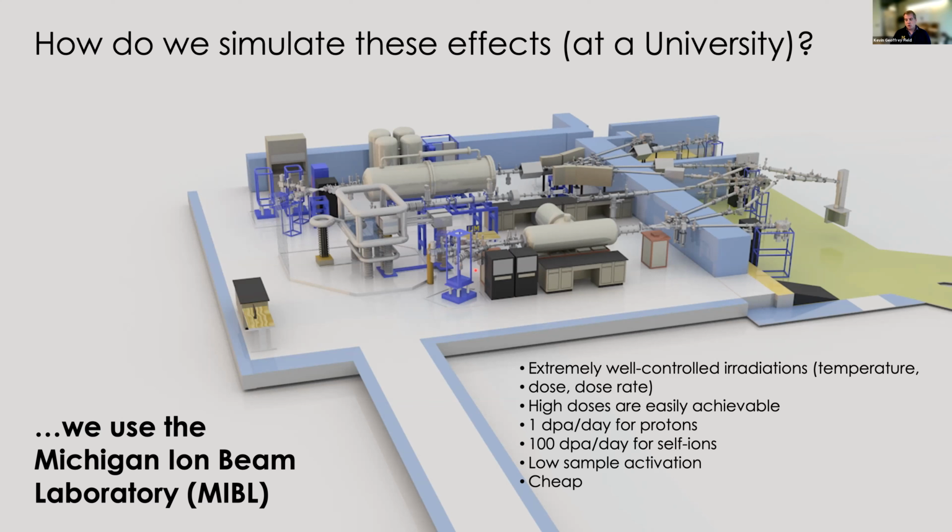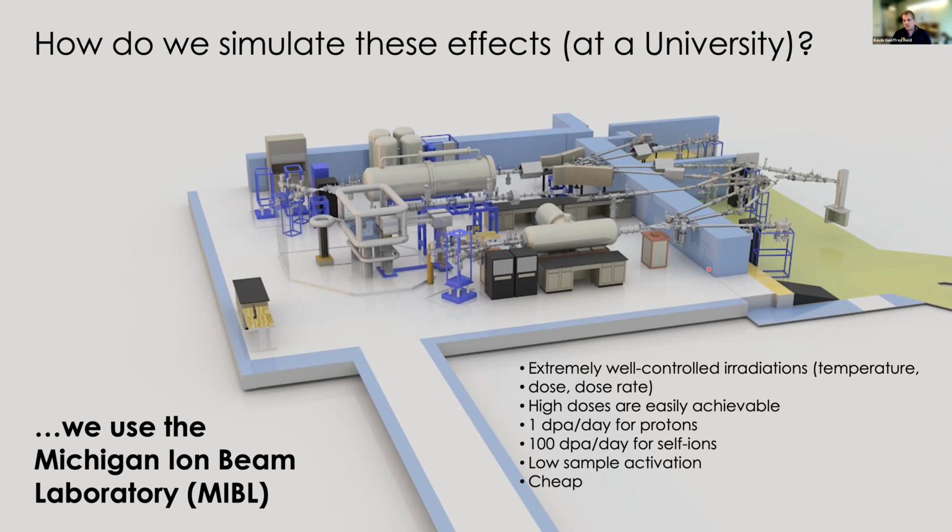You would generate those, then use an accelerator to get them up to energies that are relevant to create damage. Then you would bring it down a beam line and hit the material and create that damage process that I talked about, right? Creating those point defects and doing a damage cascade.